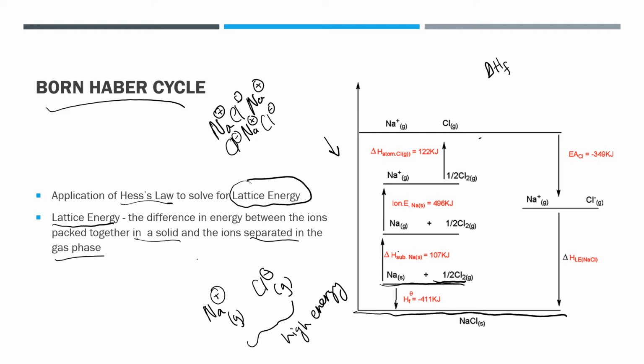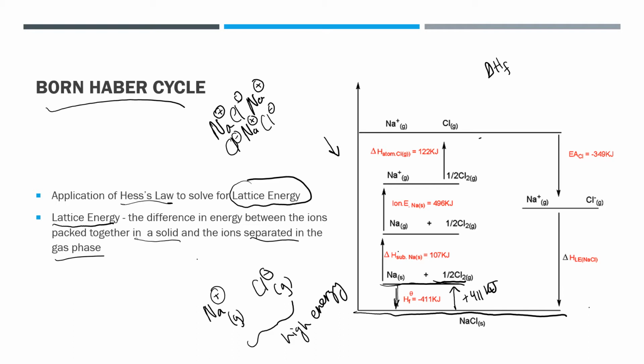So when making NaCl, we start with solid sodium, the elemental form of sodium, and gaseous chlorine, the elemental form of chlorine, and react them to form NaCl. That delta H is the delta H of formation, written here as negative 411 kilojoules. If I flipped my reaction around and drew my arrow the other way, this would be plus 411 kilojoules.